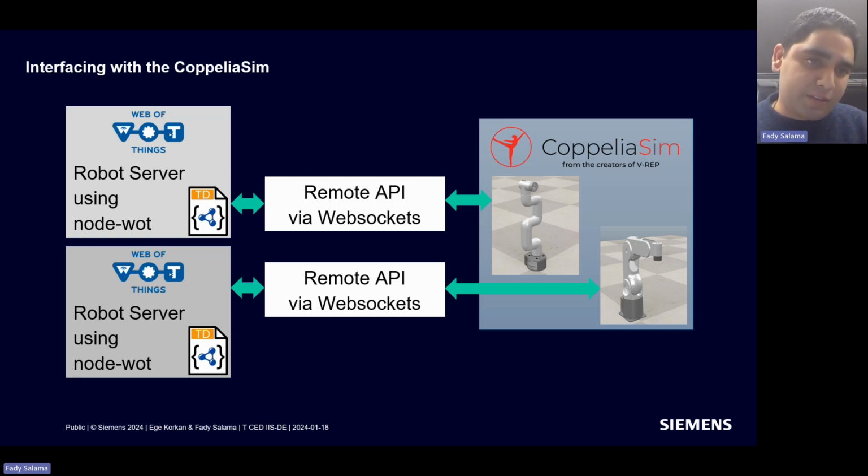Then here we have the Web of Things, node-wot, and for each robot, we instantiate a new server or a new thing that can then be interacted with, and the communication between that server and CoppeliaSim is happening via WebSockets.